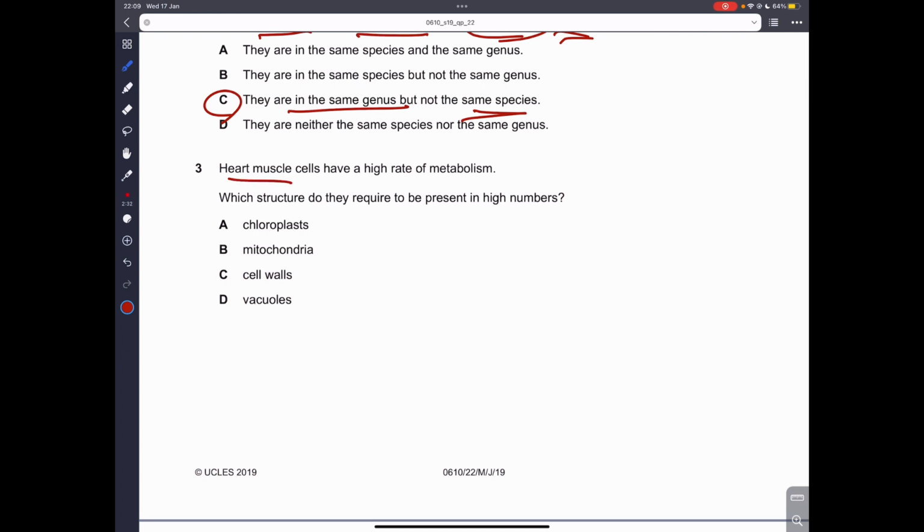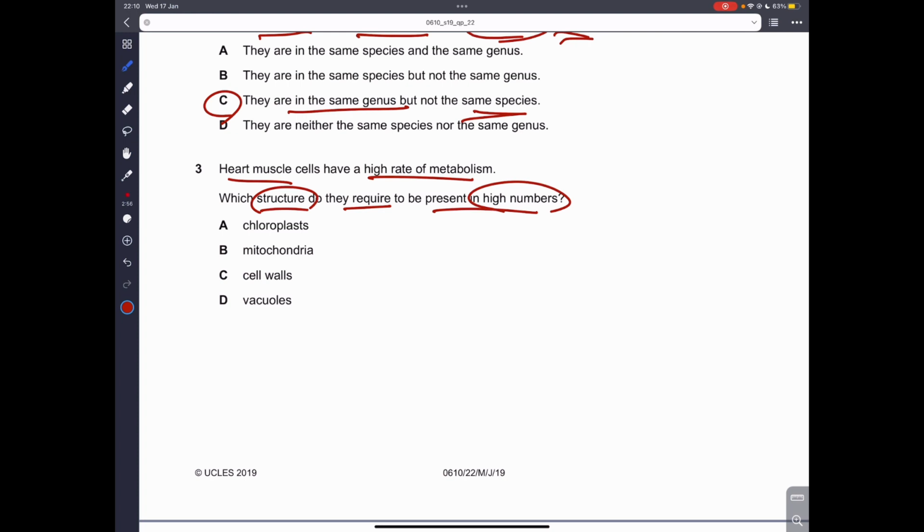Question number 3. Heart muscle cells have a high rate of metabolism. Which structure do they require to be present in high numbers? Well, heart muscles do have a high rate of metabolism because they have to contract and relax constantly.